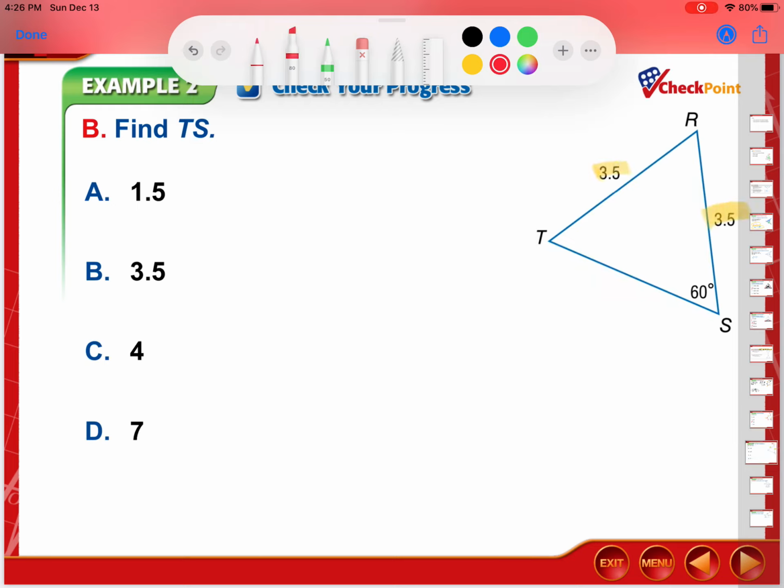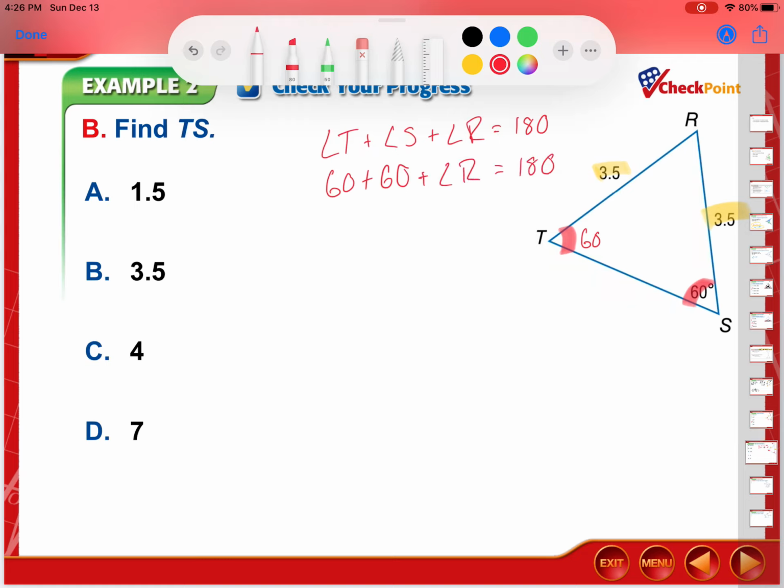So, this is our same triangle that we just talked about. Once again, they want us to find the side length of TS, which, like we said last time, these two sides are 3.5, which means these two angles are the same, which means both of them are 60, and of course 60 plus 60. So if angle T plus angle S plus angle R equals 180, because all the angles inside a triangle add up to equal 180 100% of the time, we do a little substituting.